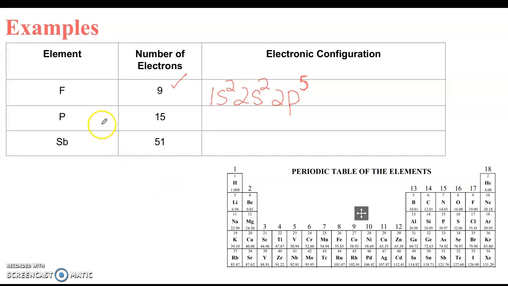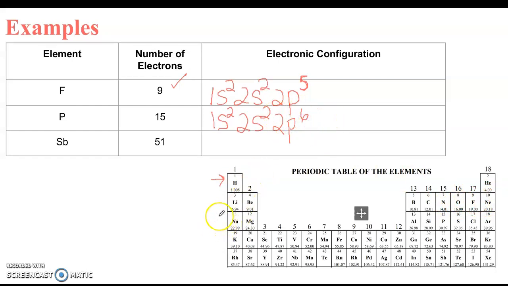Let's do that again with phosphorus. Once again, I'm going to start at the top. I'm in the first energy level. I'm starting in the s block, and there are 2 electrons. I head into the second energy level, the s block, and there are 2 electrons. I now enter the 2p, and there are 1, 2, 3, 4, 5, 6 electrons.